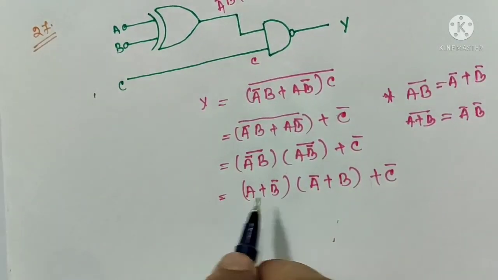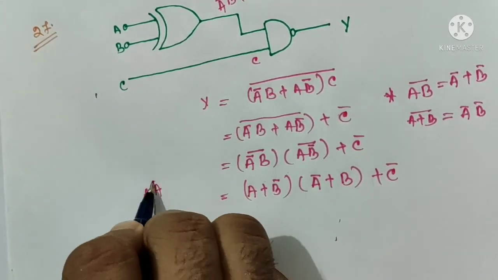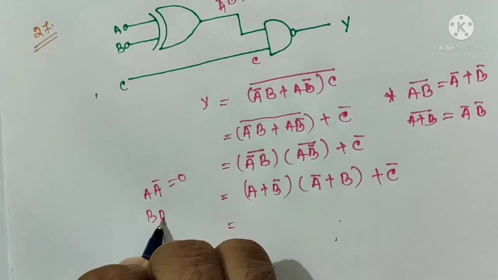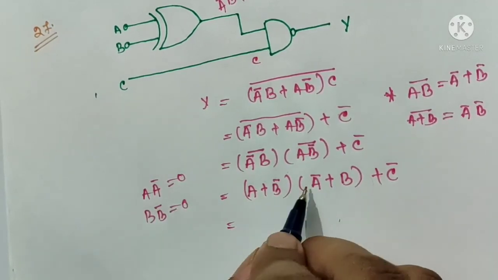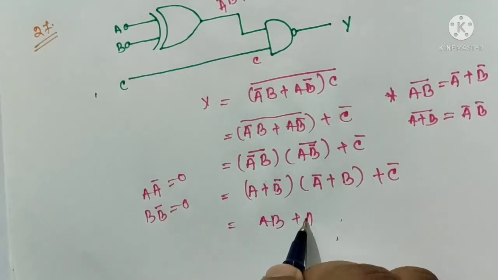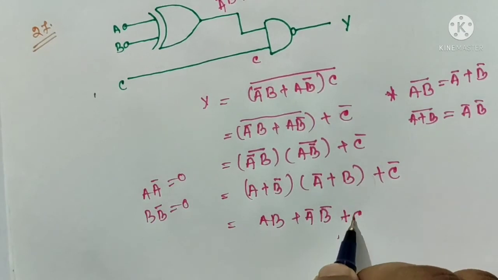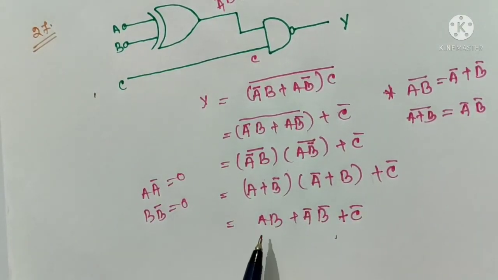Now A bar A equals 0, similarly B bar B equals 0. So A B, and B bar A bar can be written as A bar B bar. Now B bar B is 0, so plus C bar. So here the correct Boolean expression for the output is AB plus A bar B bar plus C bar.